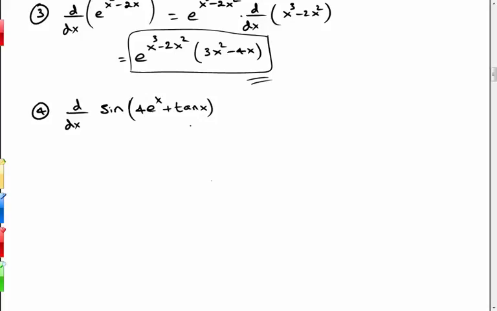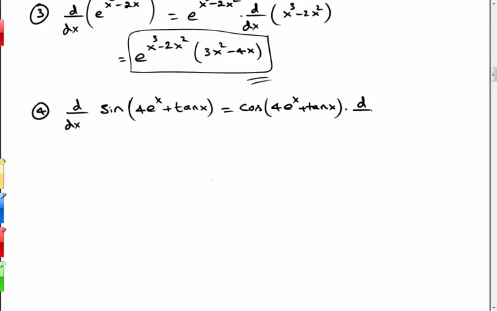So it looks like we have d dx of sine of f of x, right? We don't have a simple d dx of sine x. We have something more complicated, so we say sine of f of x, and that turns out to be cosine of f of x, that is cosine of 4 e to the x plus tangent x.